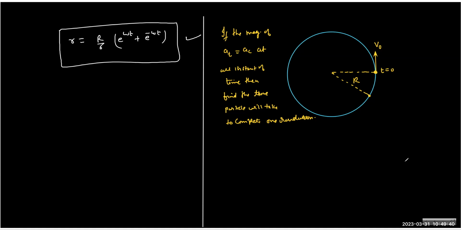Sir, I'm getting R by v naught into 1 minus e to the power minus 2 pi. That's the right answer.